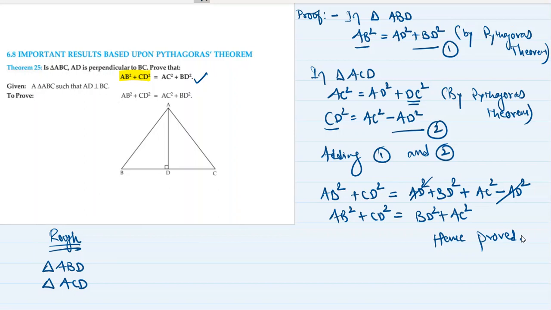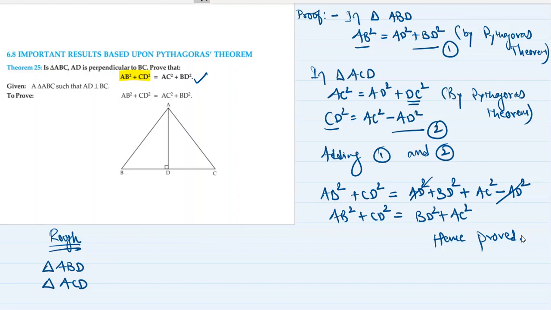Here we needed to prove the value of AB square plus CD square is equal to something. So first we found out the value of AB square and CD square from our results of Pythagoras theorem on the different right angle triangles. And then we added those two values, AB square plus CD square, and we got our answer in 3 steps. Correct?